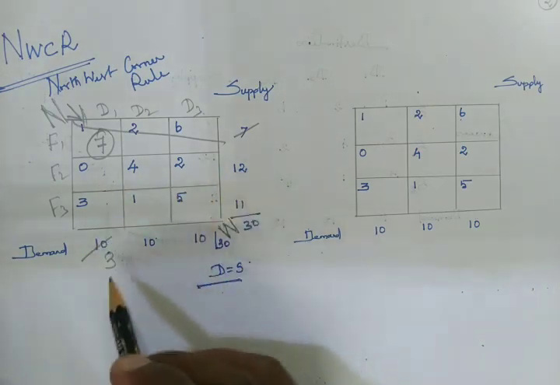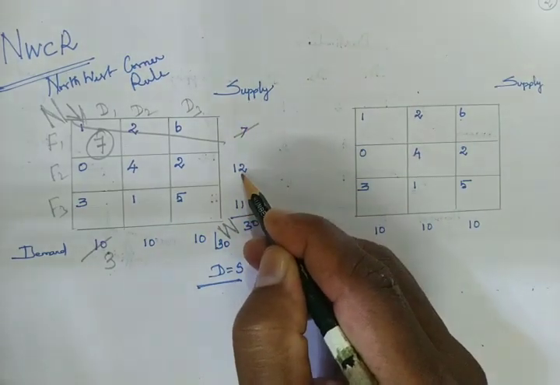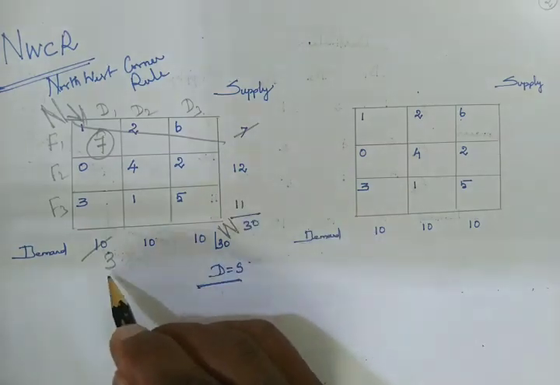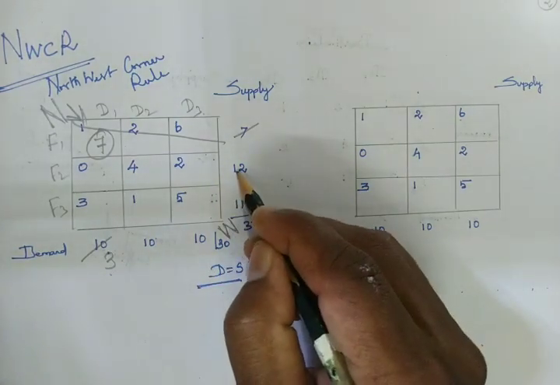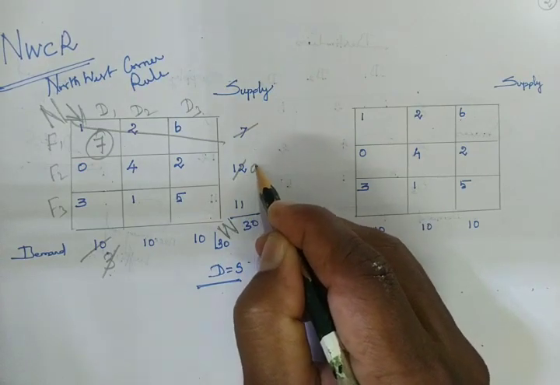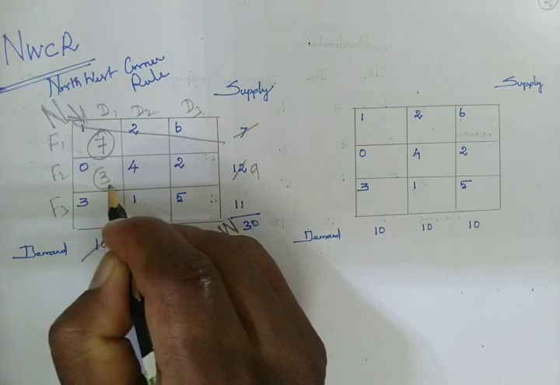You need only 3 units, but here the available is what? 12. What you need, you compare that: you need 3, but available is 12. You need only 3. That's the reason you took only 3, you keep the remaining in the same place. You took 3, just supply it in this place. This is a corner to you on the left.